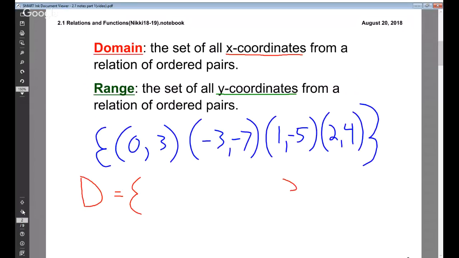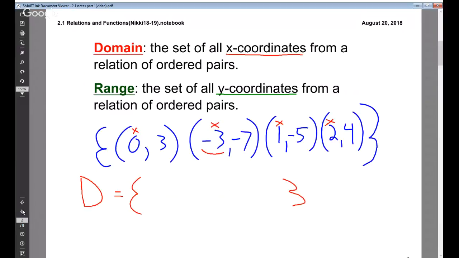By definition, since the domain is all x coordinates, I just have to identify all the x coordinates of the ordered pairs, and voila, I have my domain. And when it comes to identifying the domain, make sure you list them from the smallest number to the biggest number.